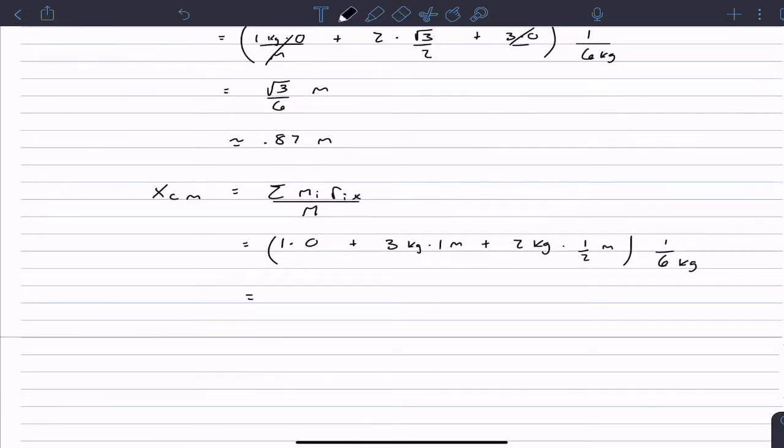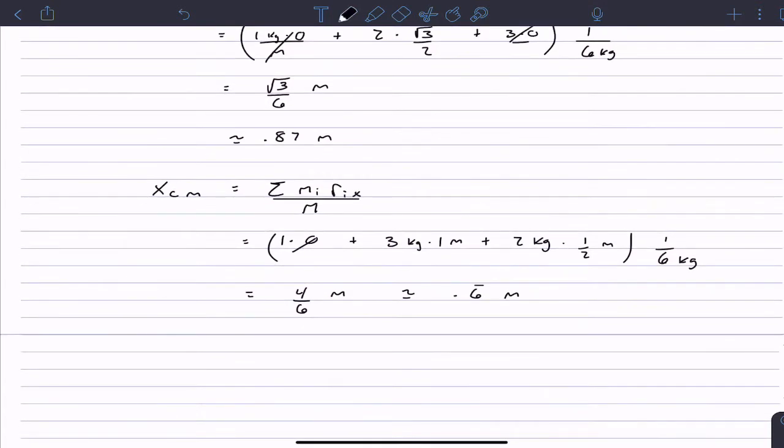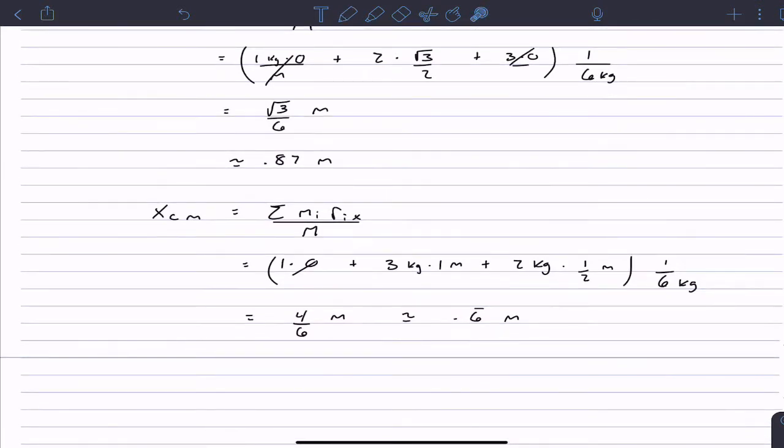So that equals, this is 0, it's 3 plus 1, so it's 4 over 6 meters, which gives you about 0.6 meters. Okay, so that's where your center of mass is going to be. So we had 0.87 meters and 0.6 meters.